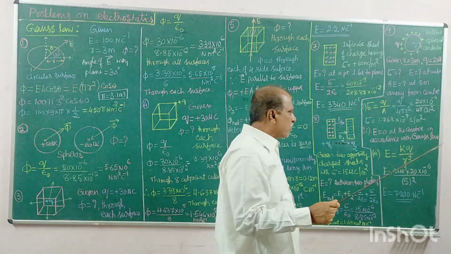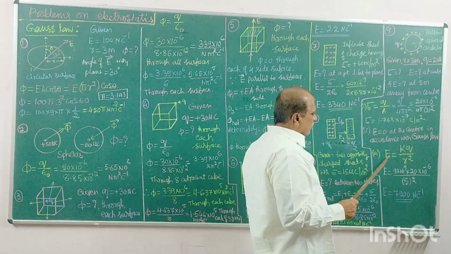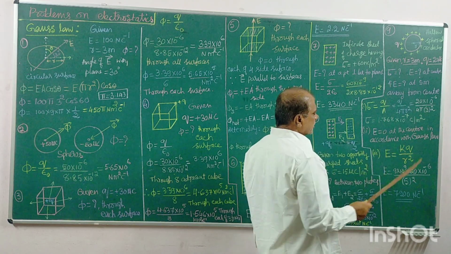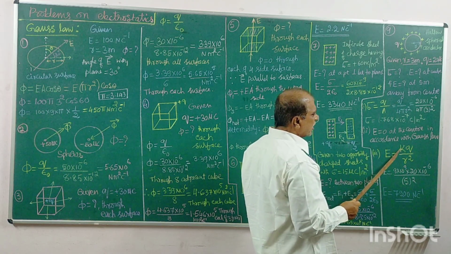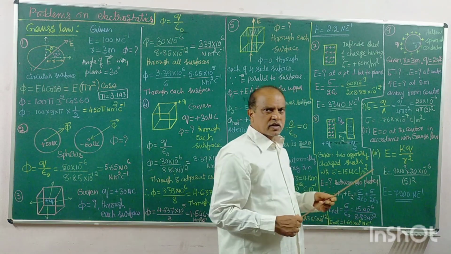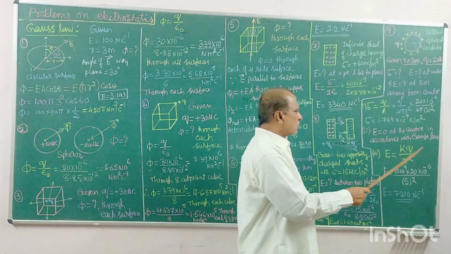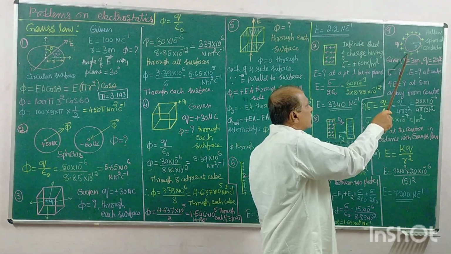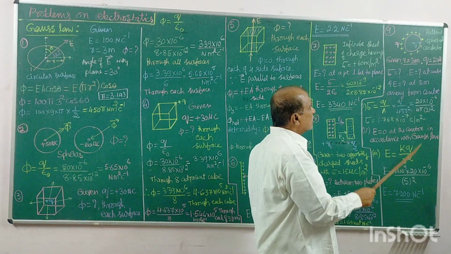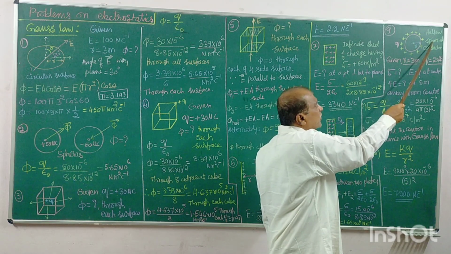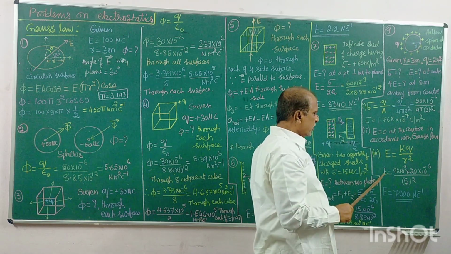The formula for electric field at any point around it at a distance of r is k q by r square. What is k? Coulomb's constant. What is q? The charge distributed on the surface. And r is the distance between the center of the sphere and the point where we need to calculate the electric field.